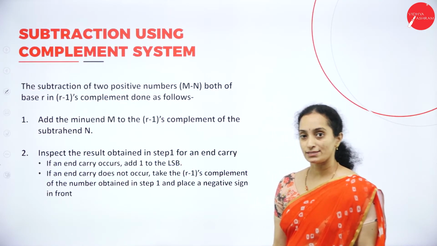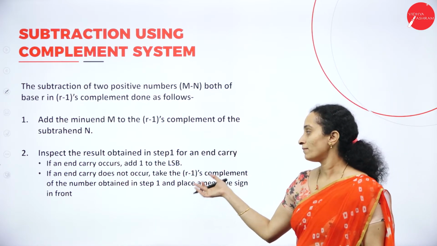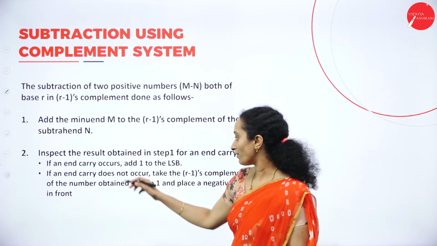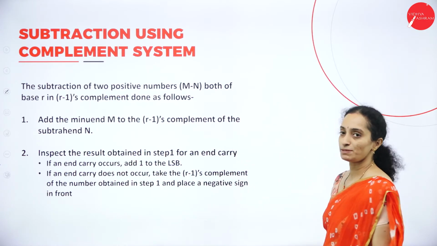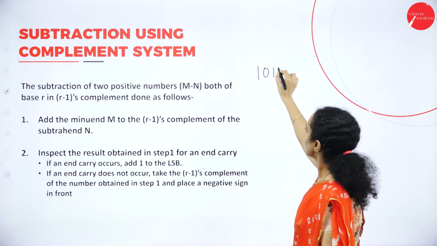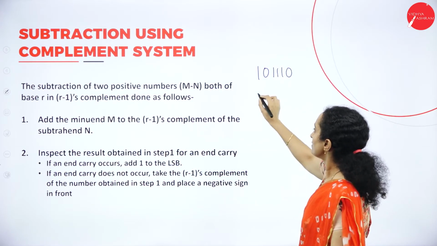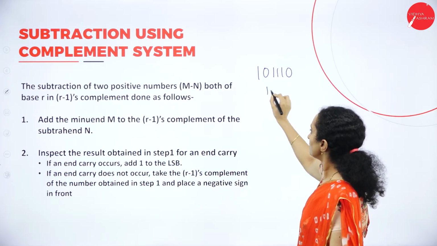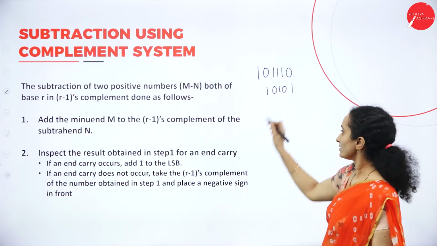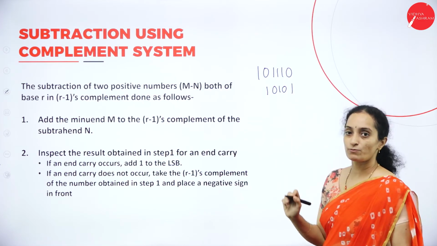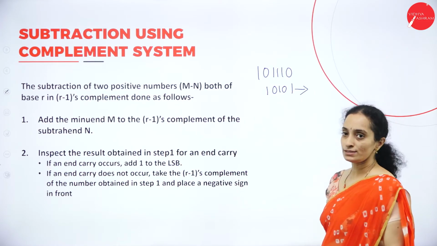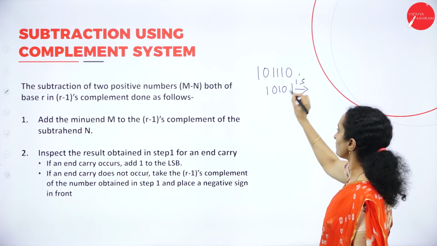When you have r minus 1 complement, you have to perform the same thing, but when an end carry occurs, you have to add 1 to the LSB. So, for example, if you take subtract 10101 from 10111, what you have to do is, first you have to find out the 1's complement of this.